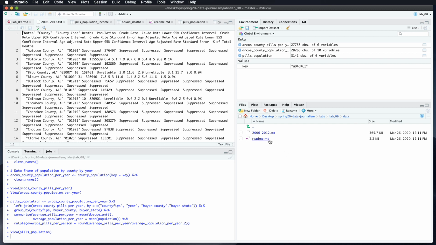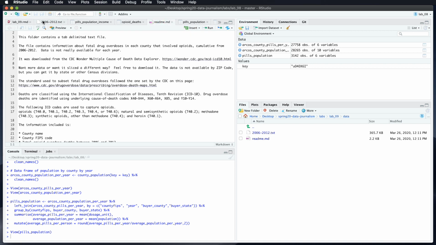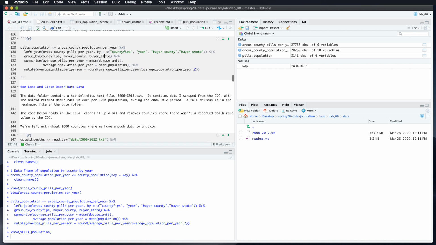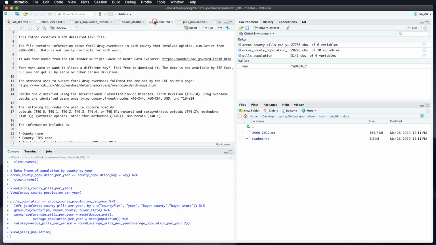It's in your data folder. And I've also included a README that explains what it is and how I got it. So I would encourage you to read that README for the full breakdown. But it's essentially the number of deaths per 100,000 population over that period.